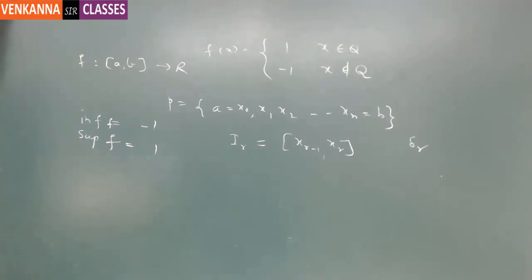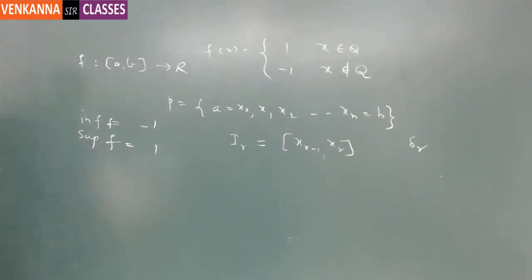Because the function takes only two values, 1 and minus 1. It is not going to take any different value. So whatever subinterval you consider, first interval x0, x1, second interval x1, x2, and so on, rth interval, the maximum value is nothing but 1 and the minimum value is nothing but minus 1, because the subinterval contains so many rational points as well as irrational points.